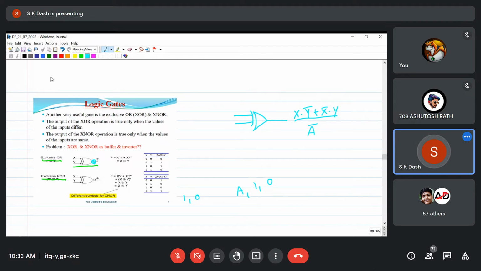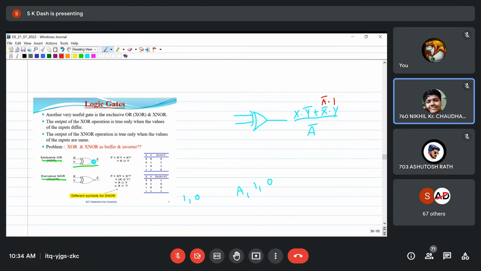Any idea? If X is A, then this will be A bar. If it is A bar, what should be the value of Y? Ultimately the output has to be A bar, so A bar dot what should it be, so that A bar comes? 1.